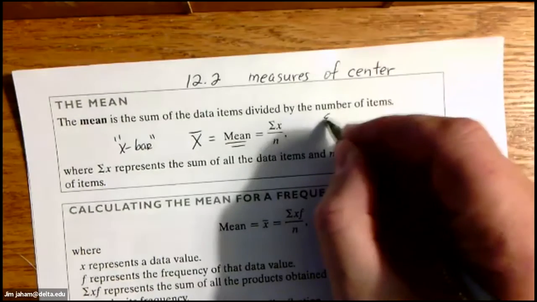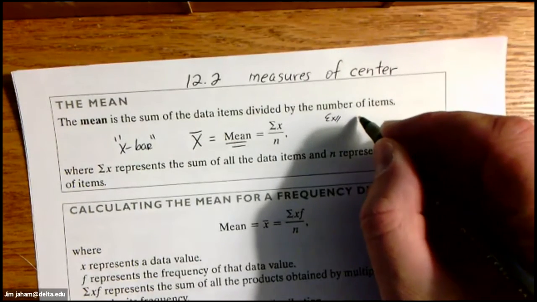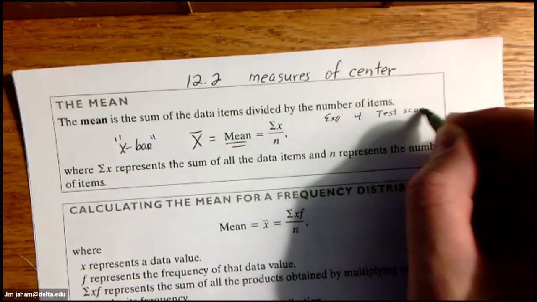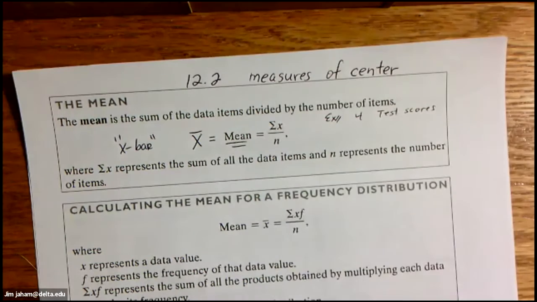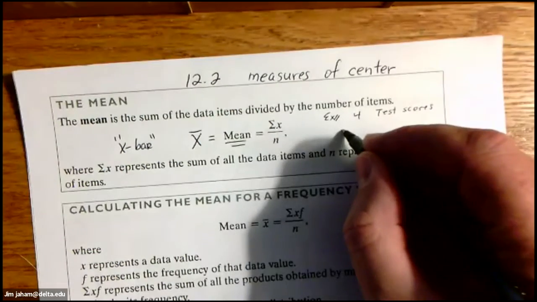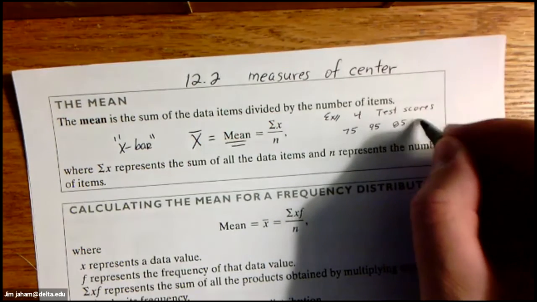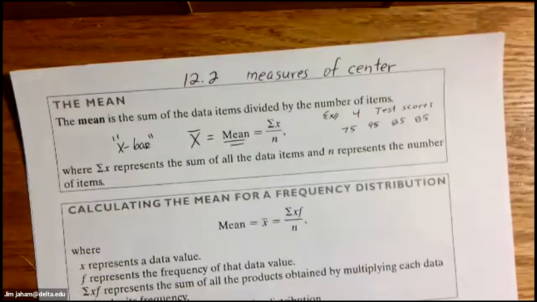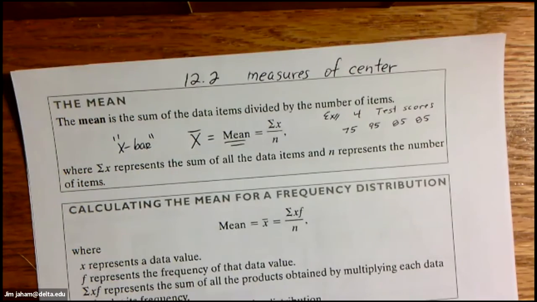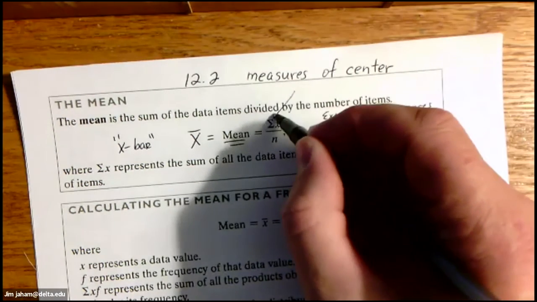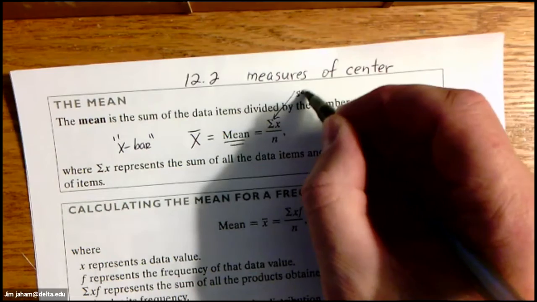An example is if you had 4 test scores. You're very familiar with this because you've probably calculated it many times. If you have a 75 and a 95 and an 85 and an 85, if those are your test scores, then this is the Greek letter sigma, which in math means the sum.